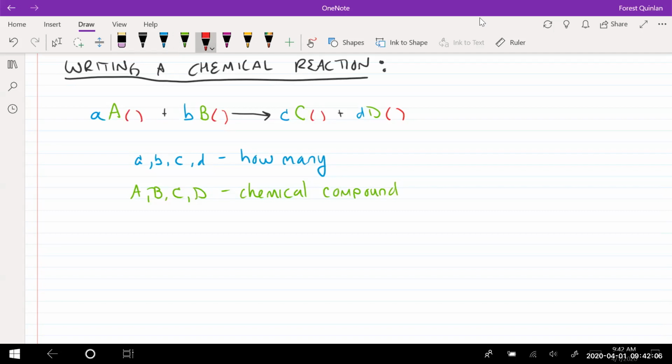And by now, you guys probably know what these parentheses are going to be for. These are the physical states. And of course, we have solid, liquid, gas, and now our newfound aqueous.